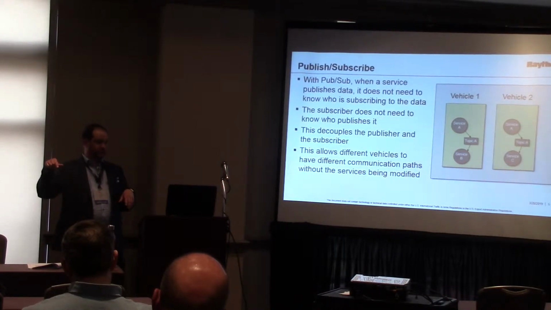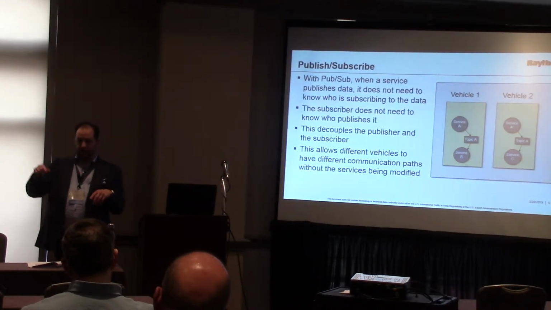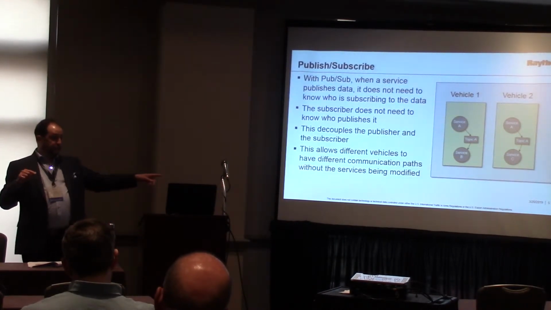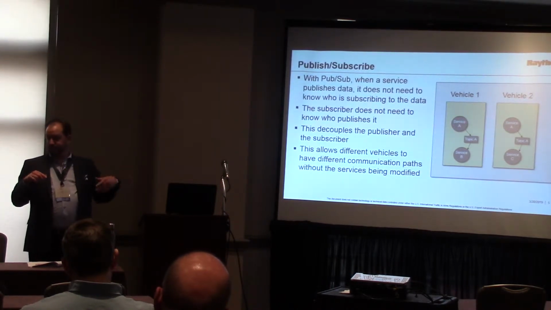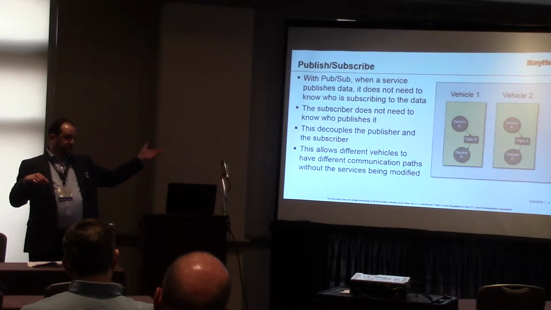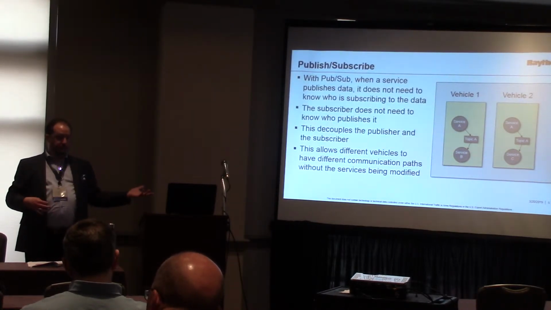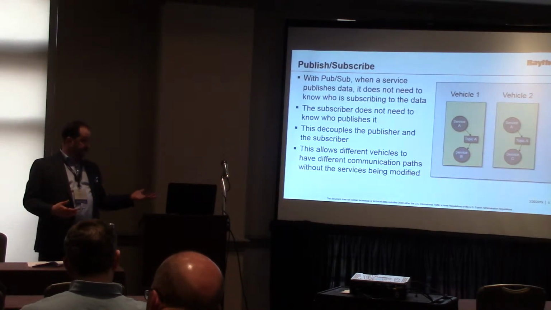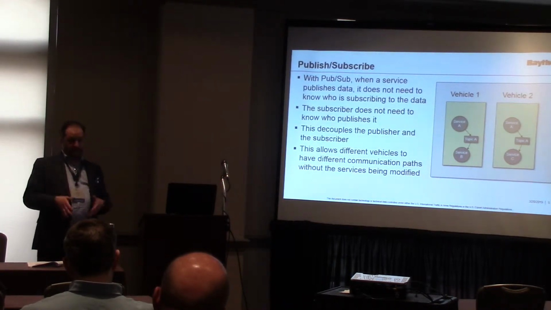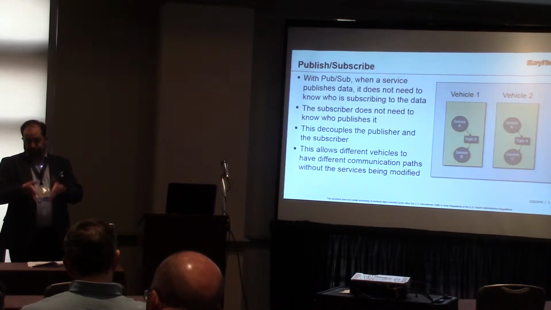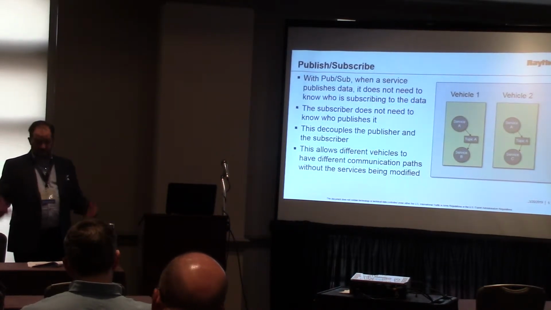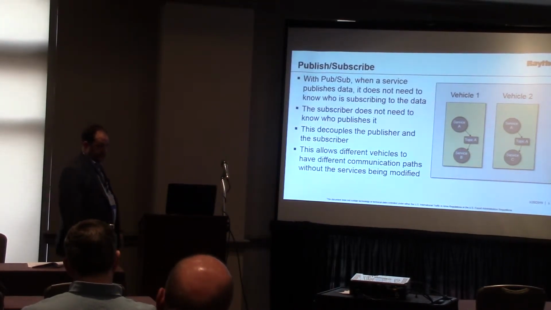I can publish something on JMS and send it through the bridge, and the end result is that a DDS topic picks it up and some service gets data, and it doesn't care whether that's data coming from a JMS service or from a DDS service, or how that data is being passed around the system. I can take a DDS service and make it a JMS service, and everybody still finds each other and has the ability to talk to each other.